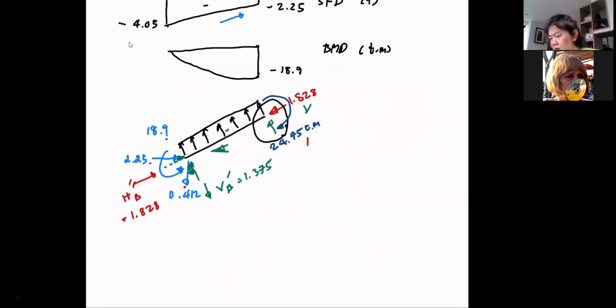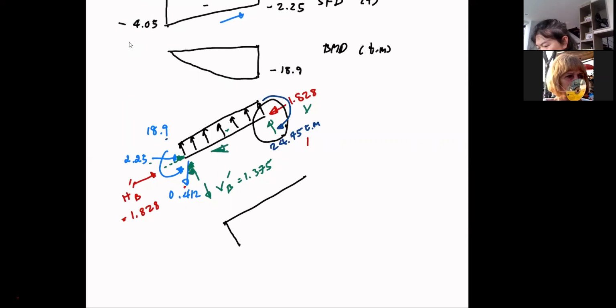So, okay, just to answer your question, you don't need to turn your members or anything. You can just keep drawing your diagrams. And this is a downward shear, so it's a negative value coming down like this.